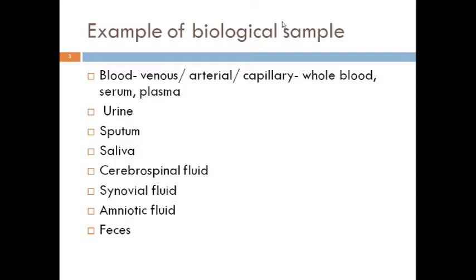There are many biological fluids that we can collect as a sample, like blood, urine, sputum, saliva, cerebrospinal fluid, synovial fluid, amniotic fluid, feces, etc. In the biochemistry lab or the hematological lab, the sample mainly collected is blood.